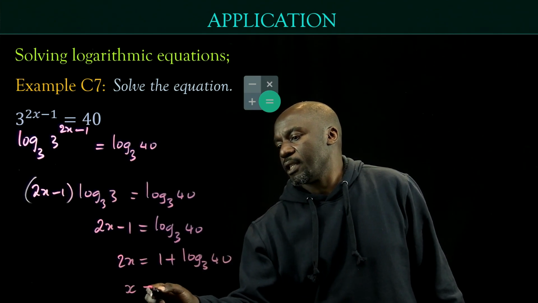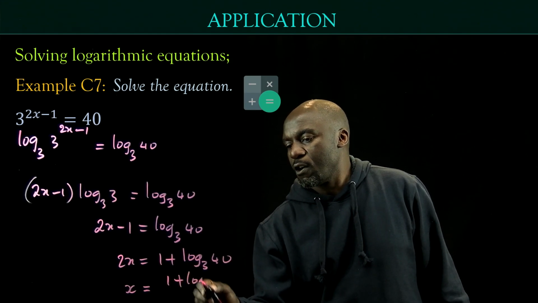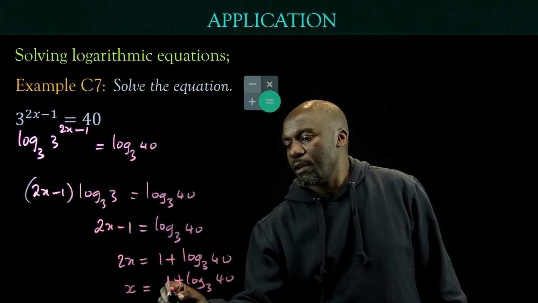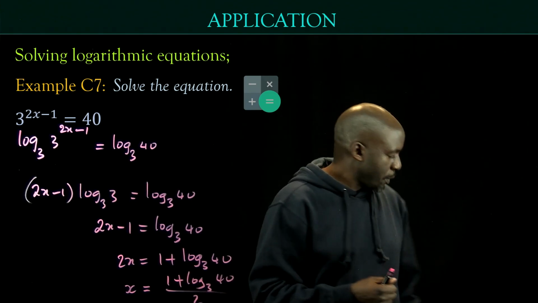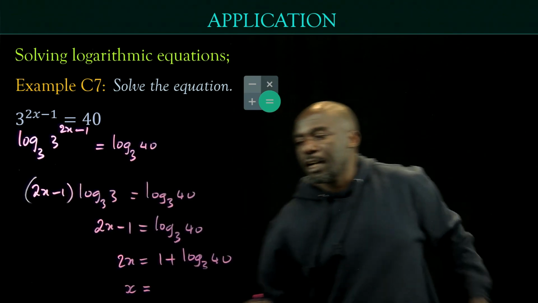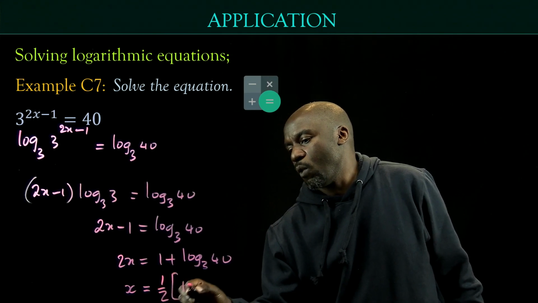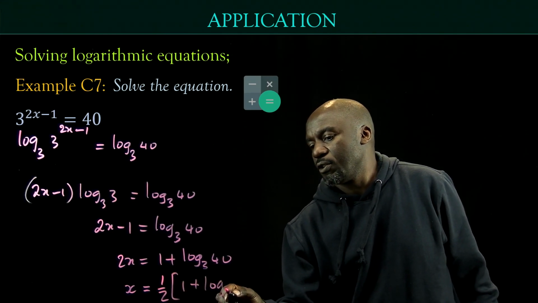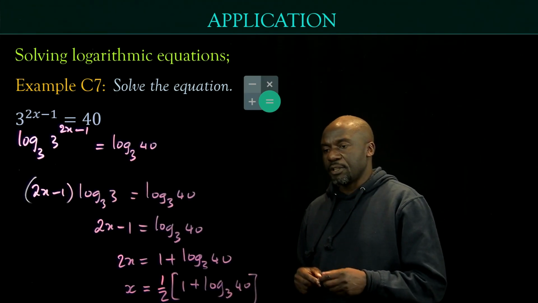So x is, hope you can see that, 1 plus log base 3 of 40, everything divided by 2. Or I could have written a half of it, like this. I could have expressed that as a half of (1 plus log base 3 of 40). And I can put that easily on a calculator to find the answer.